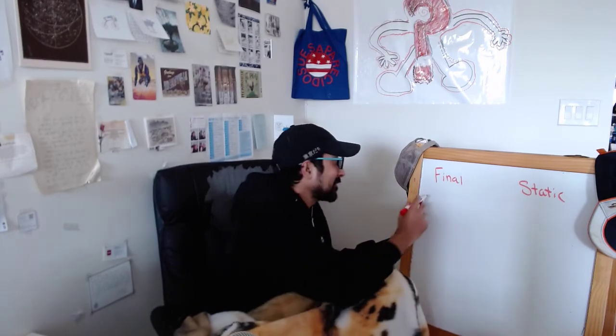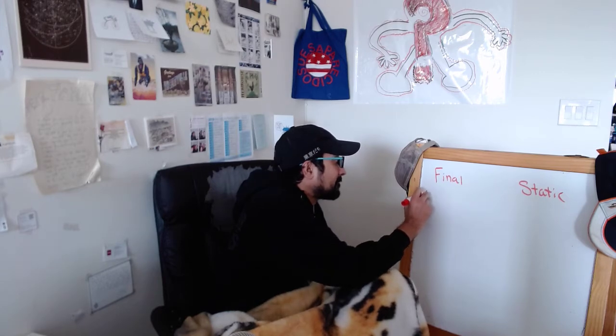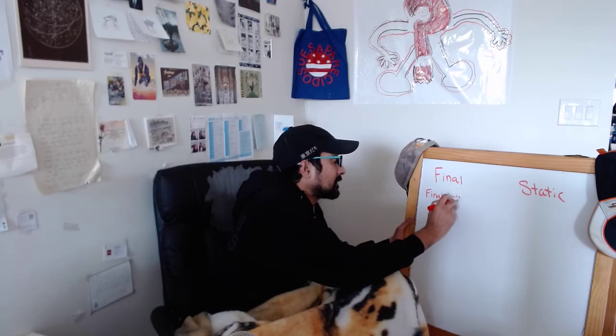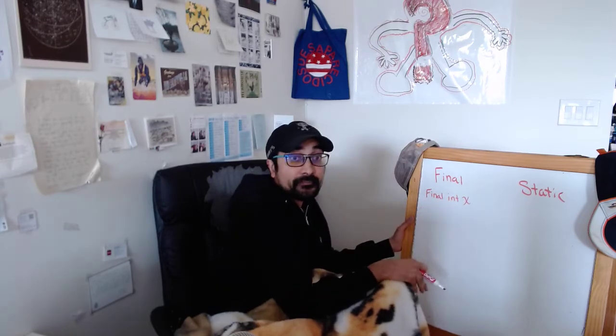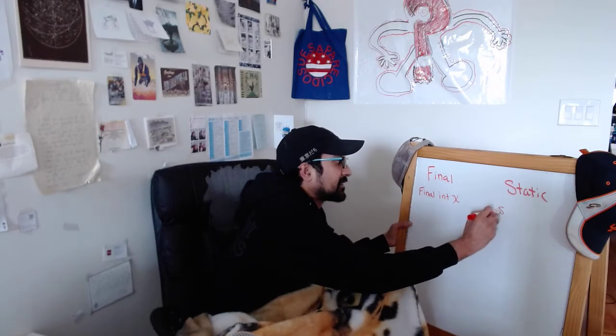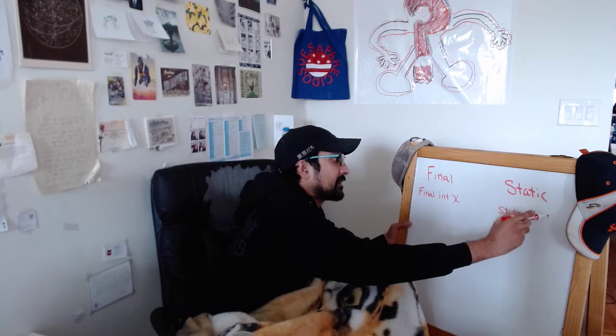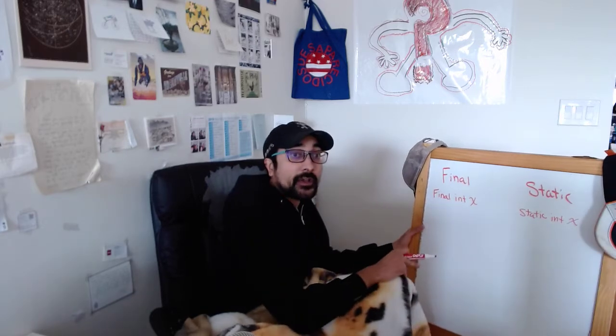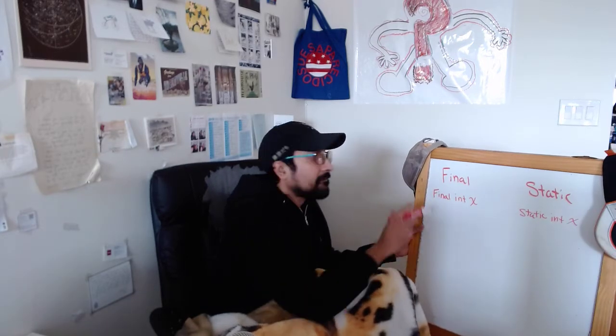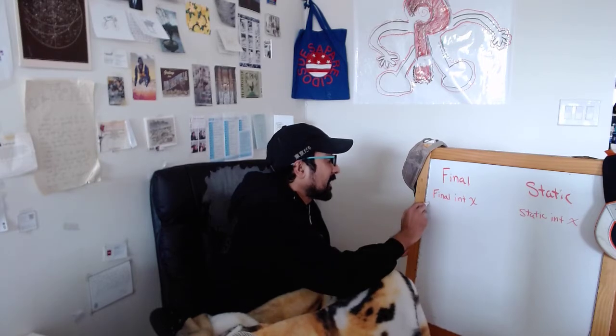So I could have a final int x. Okay? And I can also have a static int x or something like that. Okay? So final is the Java version of a constant.